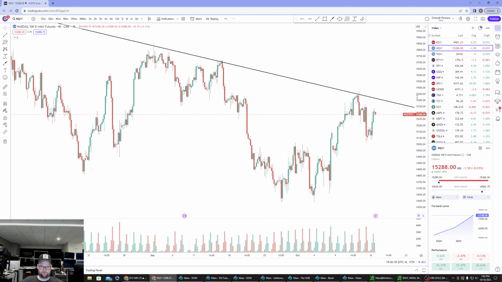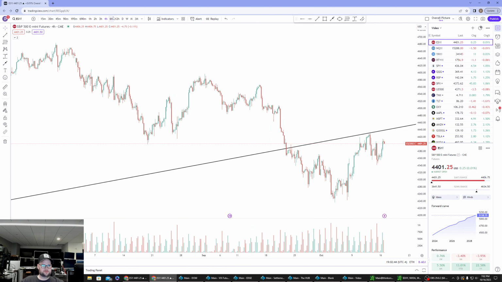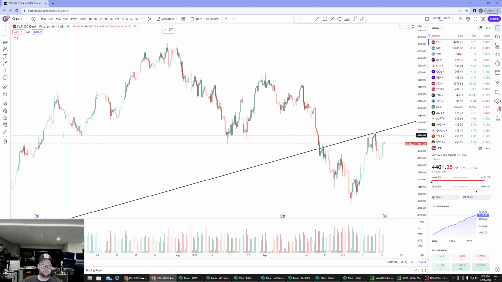So let's see, I have some stuff written down. Going forward, we also have this resistance area that we've been testing as well.